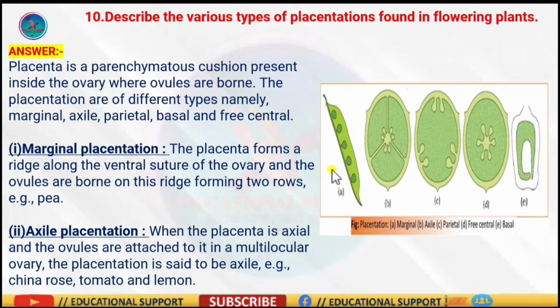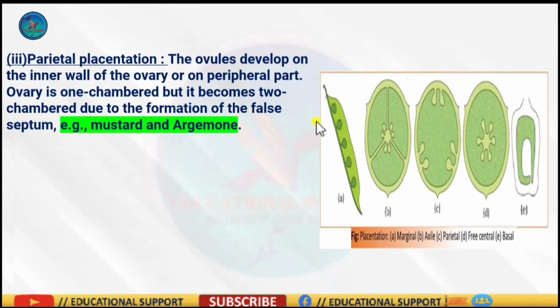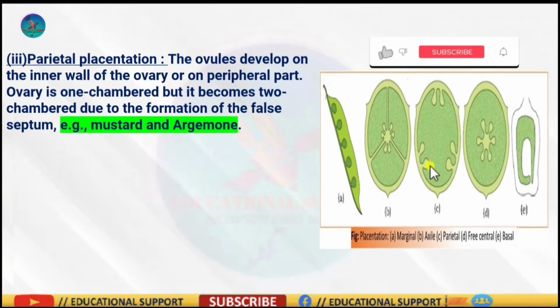For example, pea. And the axile placentation: the placenta is axile and the ovules are attached to it in a multilocular ovary, for example lemon. Next is parietal. In parietal placentation, ovules develop on the inner wall of the ovary or on the periphery.